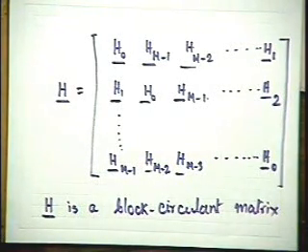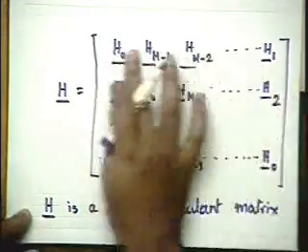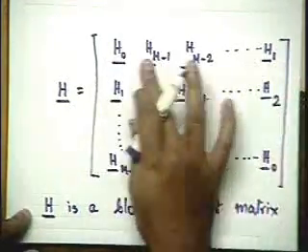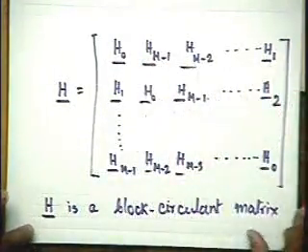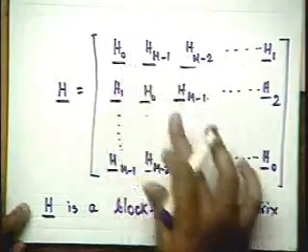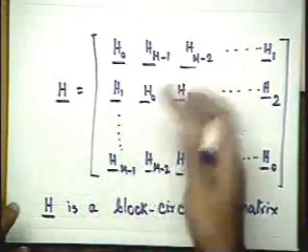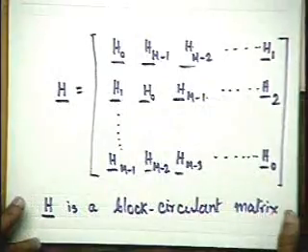Individually, these H matrices can be written as follows. If we take any index, let us say Hj, then Hj will be a circulant matrix. It is a block of several such circulant matrices.